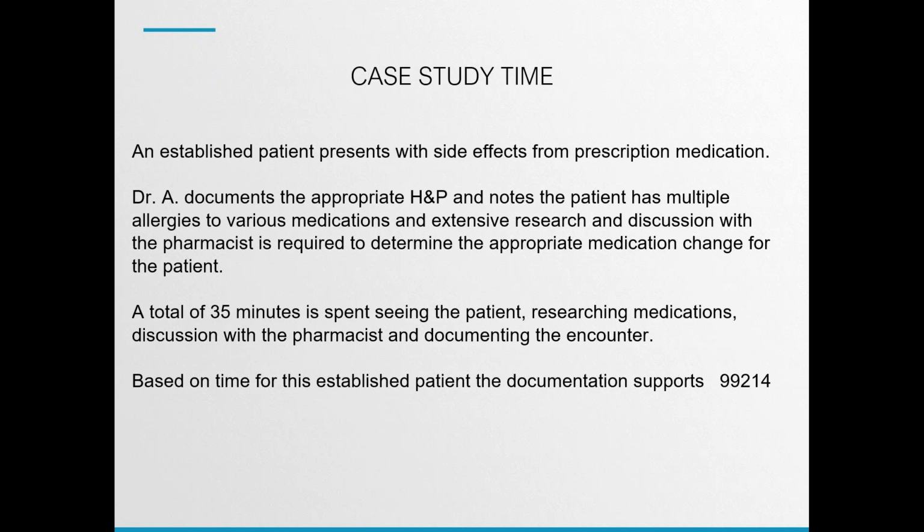And a total of 35 minutes is spent seeing the patient, researching the medications, talking to the pharmacist, and then finally documenting that information in the encounter. So based on time for this established patient, 35 minutes is equivalent to your 99214 visit.